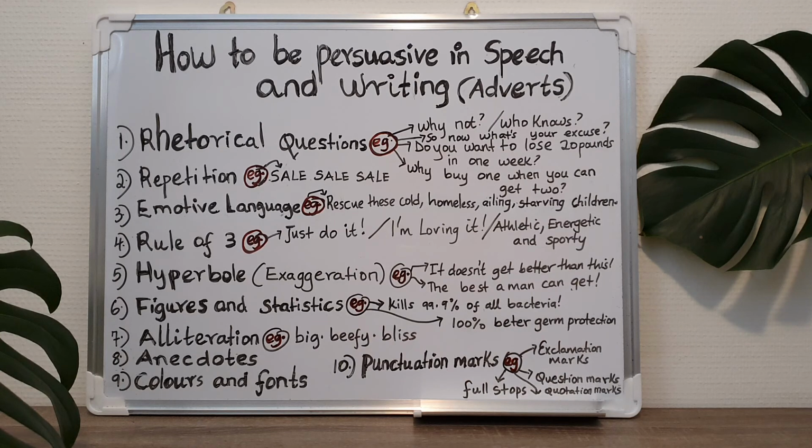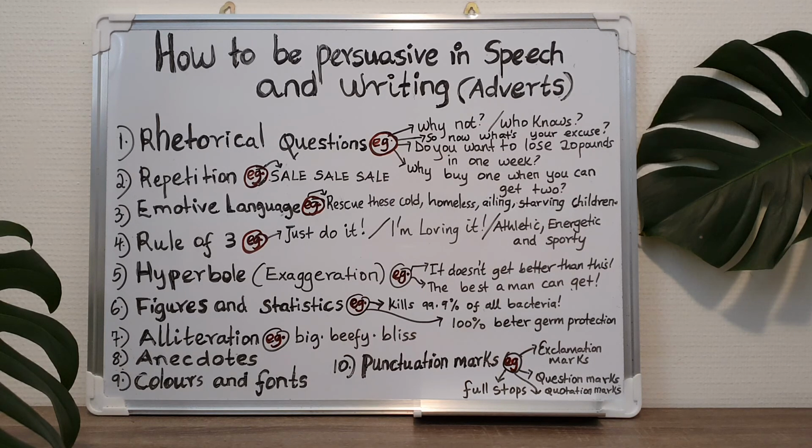Number 9, colors and fonts. These are particularly useful when you're trying to put together an advert. Choose your colors effectively. Choose them wisely to reflect emotions, for example.